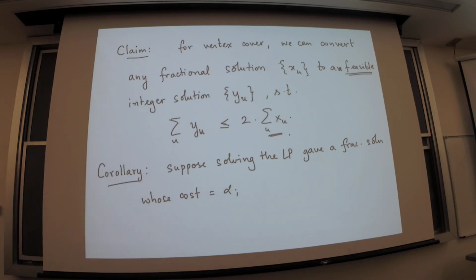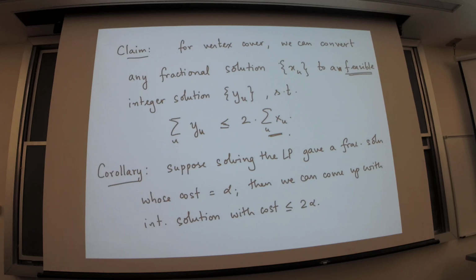Then we can come up with an integer solution with cost at most 2 times alpha.